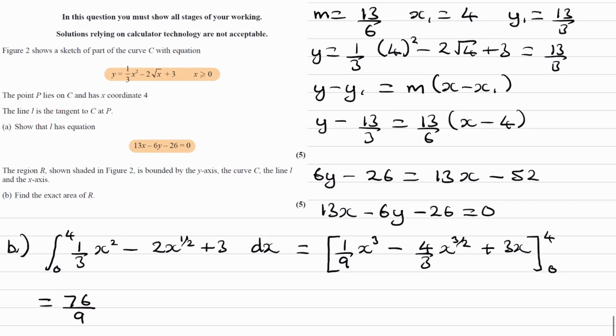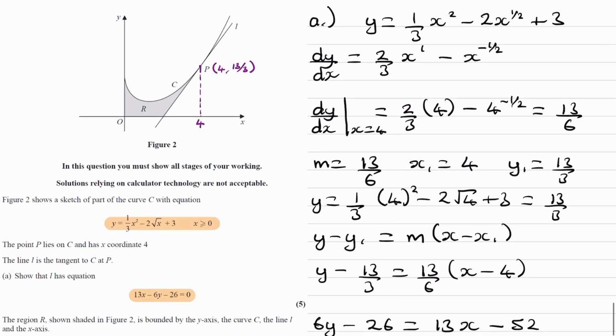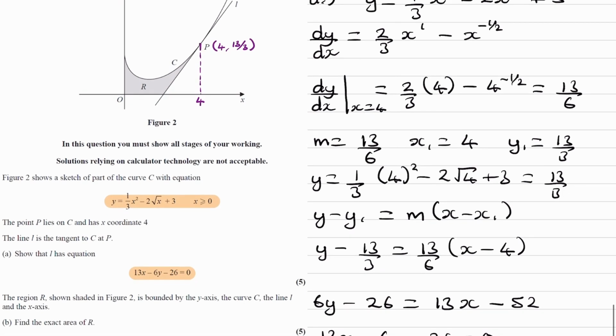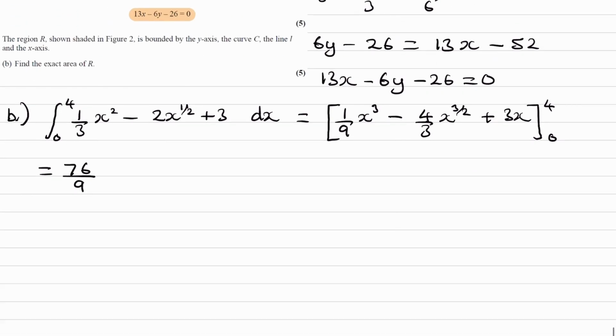Okay, so now we need to work out the area of the triangle. We know the equation of the line, L, is this here. To work out the area of the triangle, we do half base times height. So we want to know what this coordinate here is to work out the base. This coordinate is where the line crosses the x-axis, so that will be when y is equal to 0.